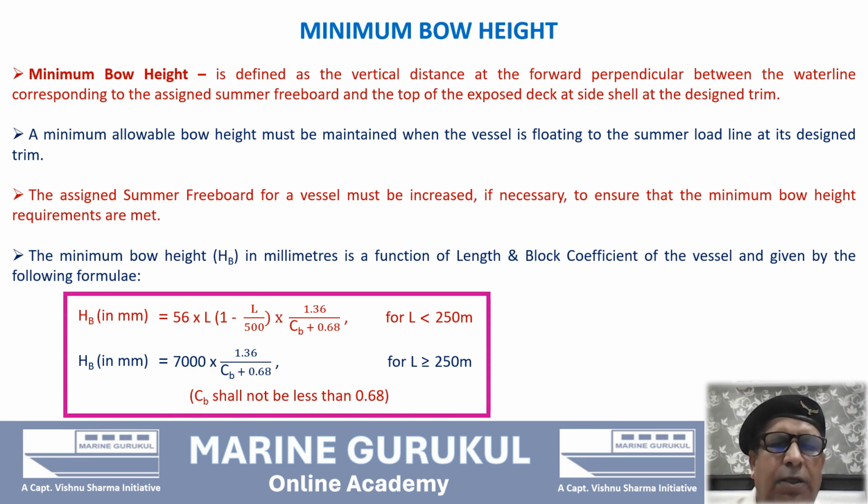Both the formulae are on display on the screen. They are a function of ship's length and block coefficient CB. And as already said in the definition of block coefficient, if the calculated block coefficient of the vessel is less than 0.68, then the block coefficient to be used is the minimum 0.68.